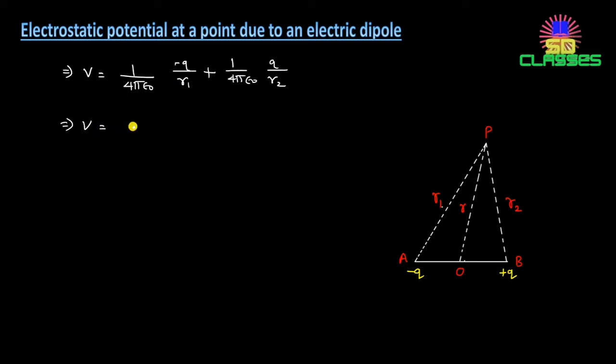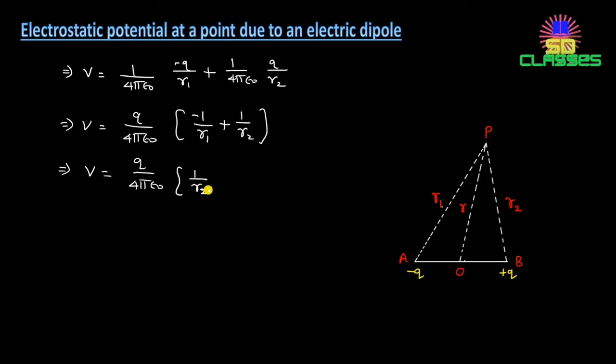Let me take some common. So q by 4 pi epsilon will be taken as common, and inside it I will have minus 1 by r1 plus 1 by r2. So I will make some arrangement. V equals q by 4 pi epsilon, the plus one will be carried forward and then I will write the negative one: 1 by r2 minus 1 by r1.